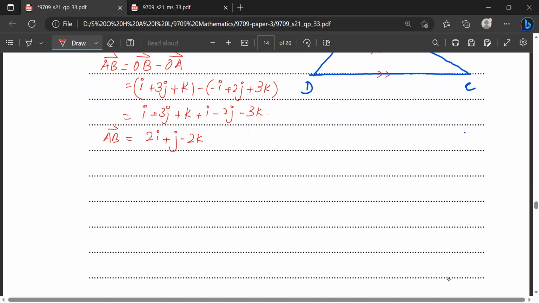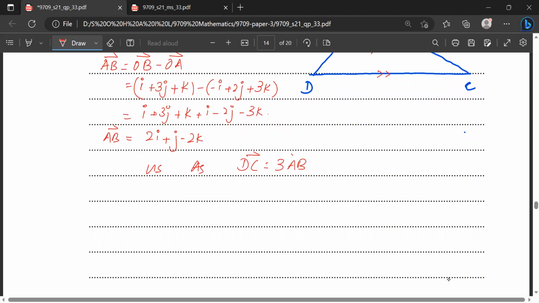Next, using the condition which is given that DC is equal to 3AB, DC can be written in terms of position vectors as OC minus OD, which is equal to 3 times AB, which is 3 times 2I plus J minus 2K.